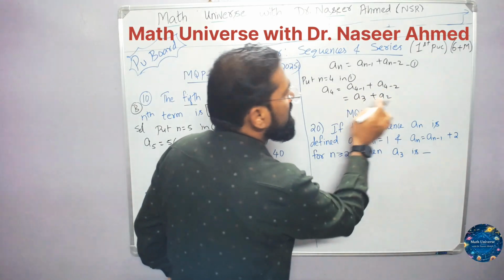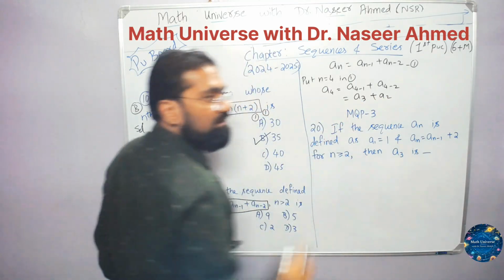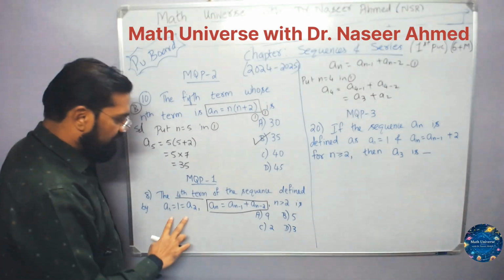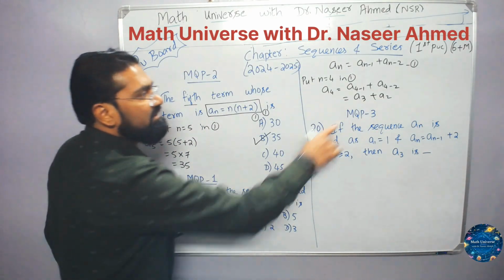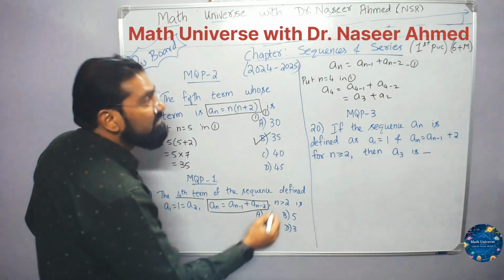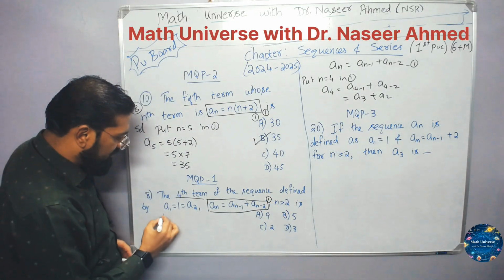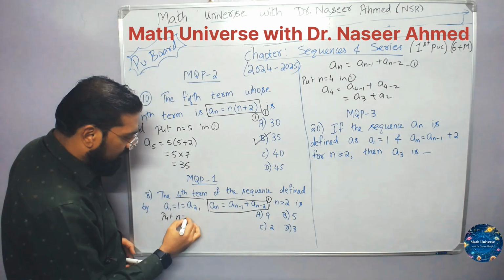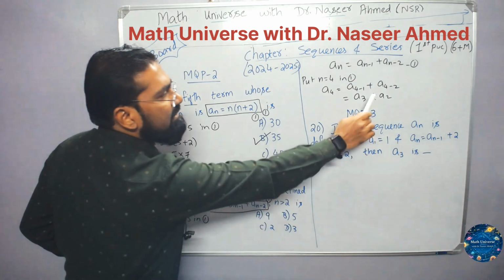So I want the second term and third term addition to get the 4th term. But I have been given only the first and second terms. So the second term I have, but the third term I have to find. I'll take this as equation number 1 again. Put n equal to 3 in equation number 1 so that I can get the third term.